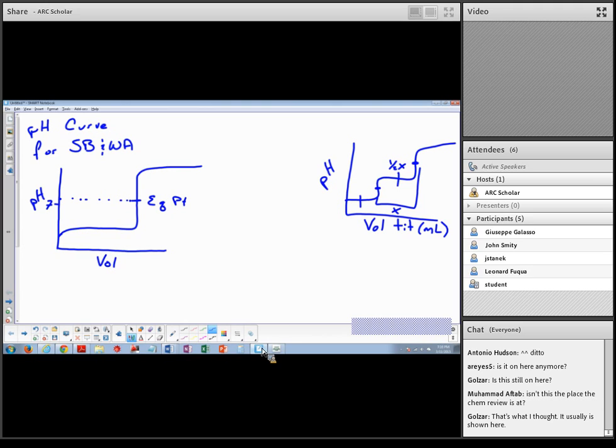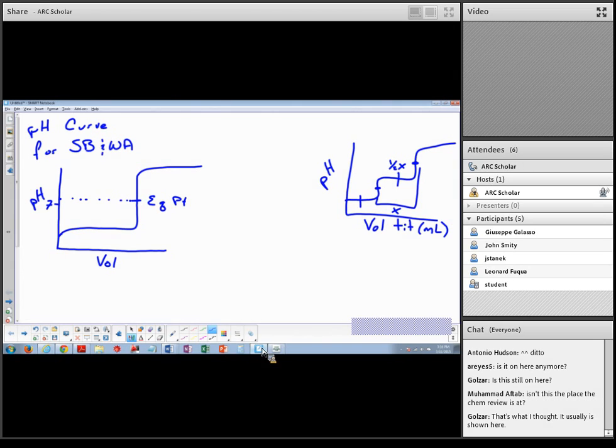Why did the pH get pushed up? Because of the strong base. Because it was the conjugate base. The conjugate base, remember, it was producing OH-. And so at the equivalence point, we're not going to be at exactly 7.